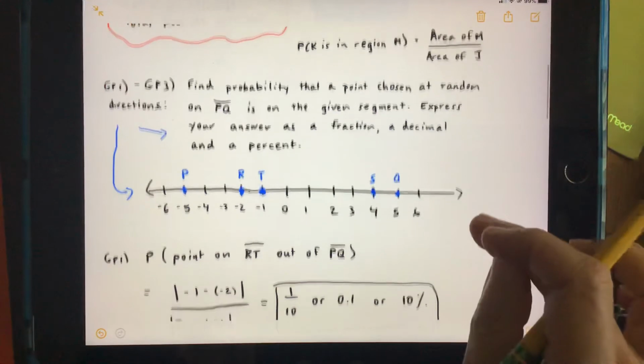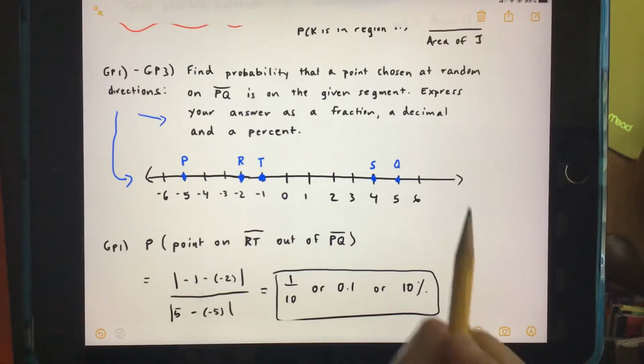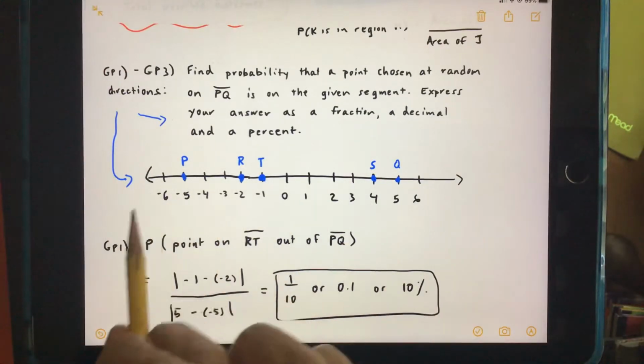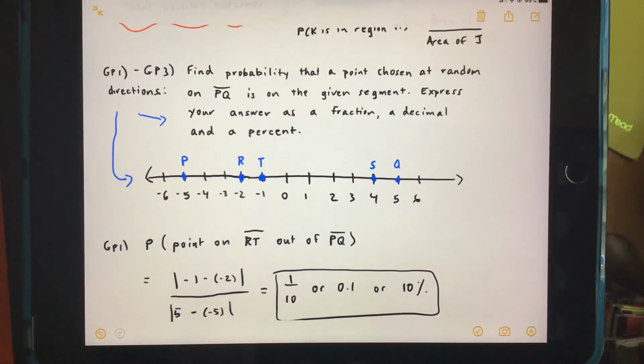Guided practice 1 through 3 will refer back to this particular number line, labeled as you see. We're going to write our probability answers in fraction, decimal, or percent form, because remember, fractions, decimals, and percents can all express the same value, so we can report our probability answers in any one of those forms.